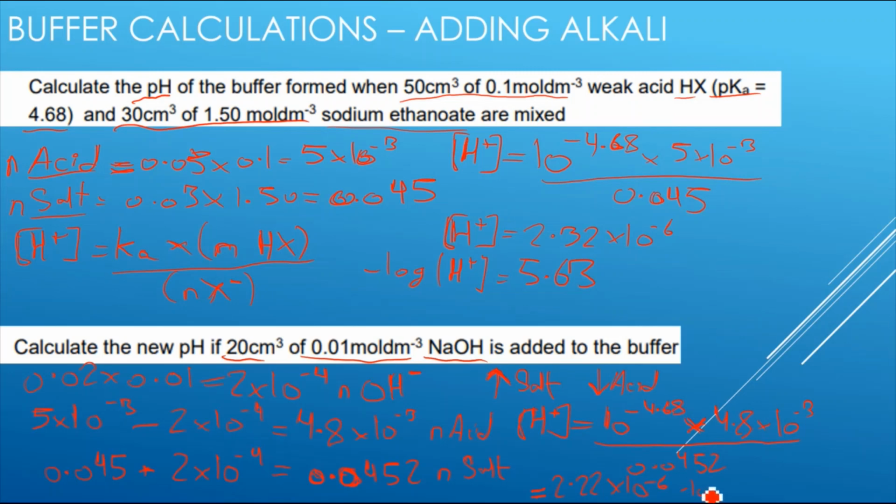Now I'm going to minus log this H plus concentration, and I get as my final answer 5.65. So if you notice, the pH has slightly increased. This is because we've added an alkali. If we were to add an acid, the pH would slightly decrease.